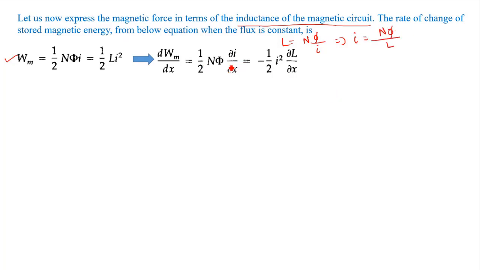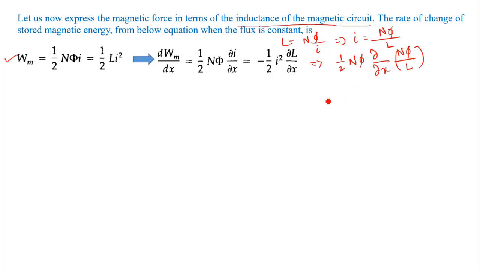Now substituting here in this expression and taking the partial derivative of I with respect to x, just by some manipulation I can write half of n phi times the derivative with respect to x of n phi by L. So I'm taking the derivative of this.